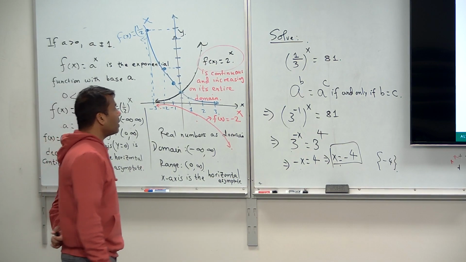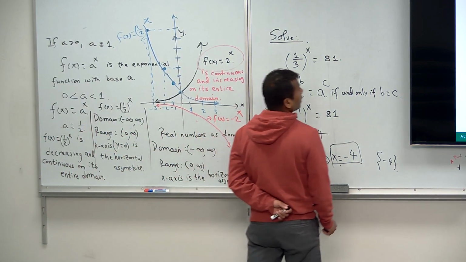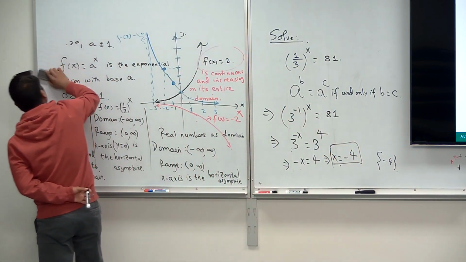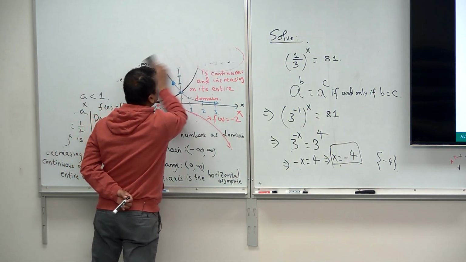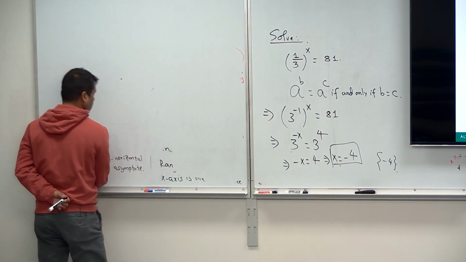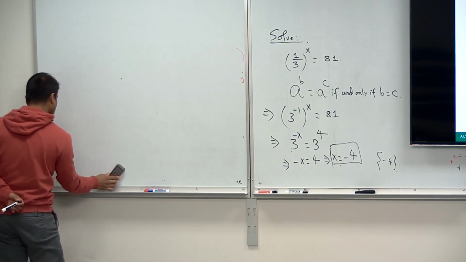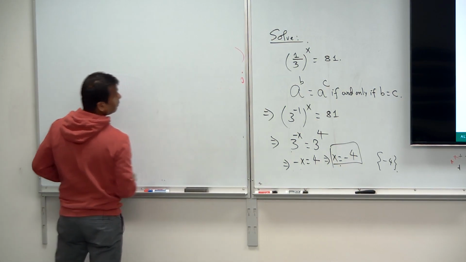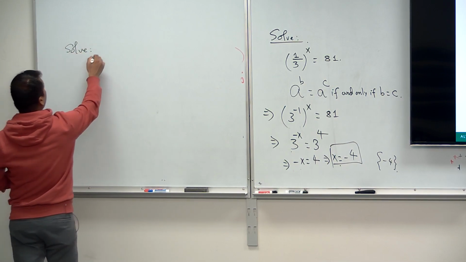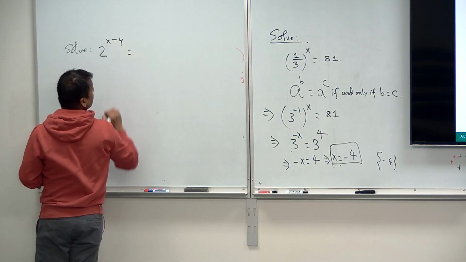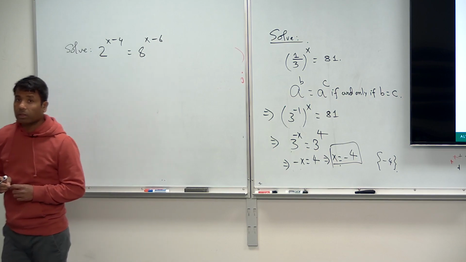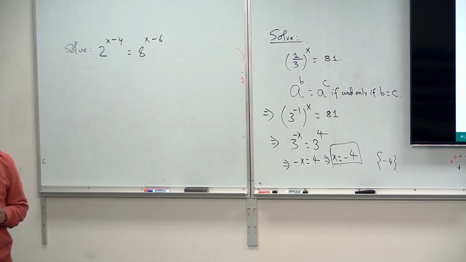Now how do you solve this equation? So if you want to solve, let's say, 2 to the power x minus 4 equals 8 to the power x minus 6, how do you solve this equation?